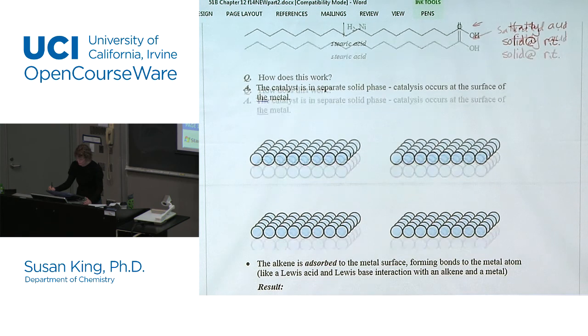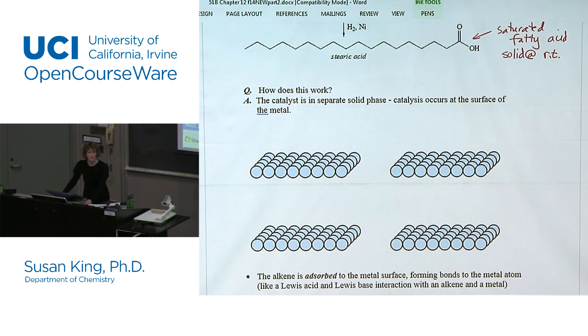So how does this work? I don't want you to think this is a mechanism. You don't have to draw these on your test. I'm not going to ask you any mechanisms from this chapter, but I want to give you a little bit of an idea of how this happens. I'm just going to take you through the process. Hydrogen is adsorbed, not the same thing as absorbed.